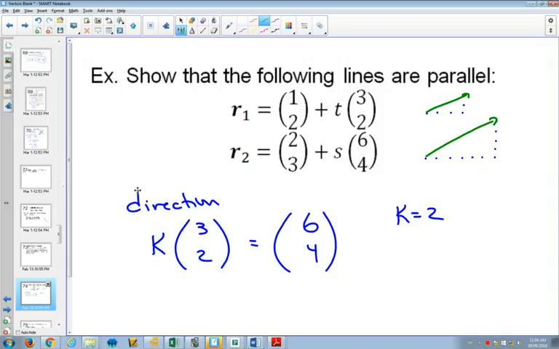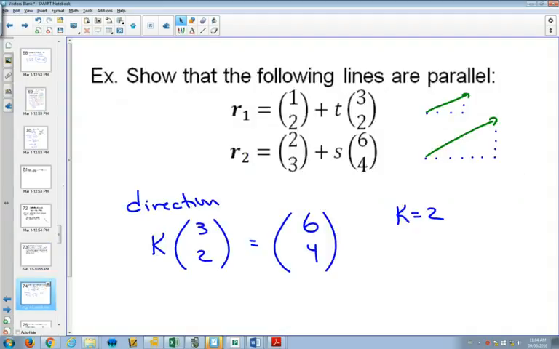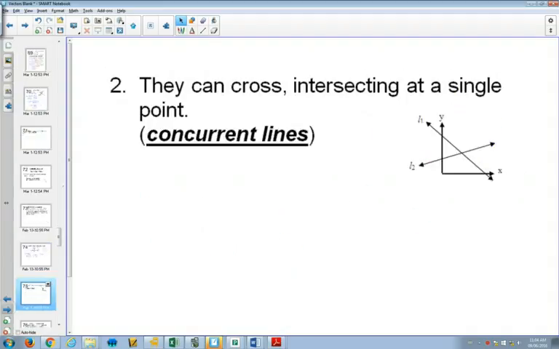So those 2 lines would be parallel because they go in the same direction. I'm going to come back to this question and show you what it looks like when you set up your systems of equations to solve, after we've done some of these other questions, like this one.